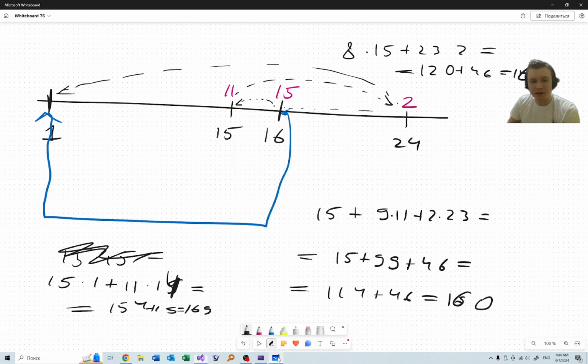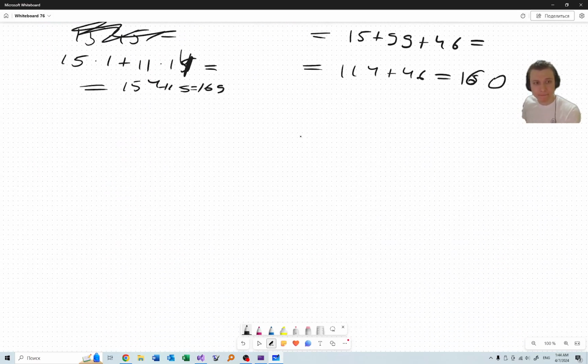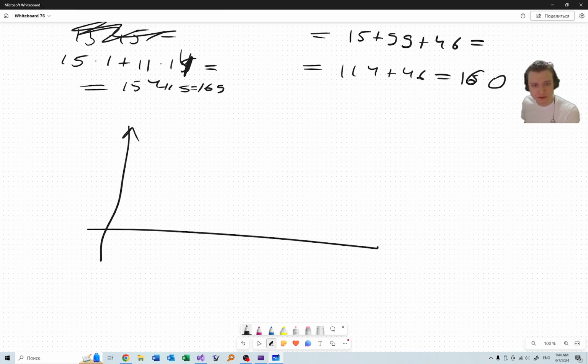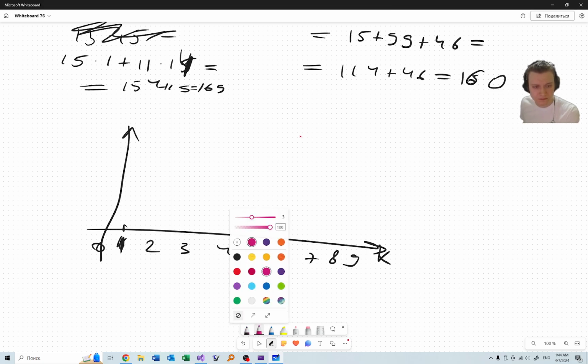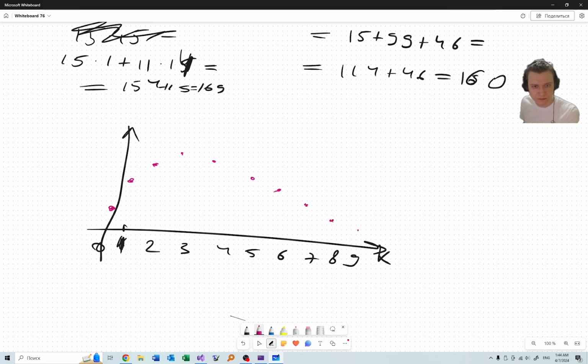Okay, how does it look like? I guess we can draw a graph. So for each k, exact k, we can find the optimal answer. Or the other way, yeah, maybe like this.